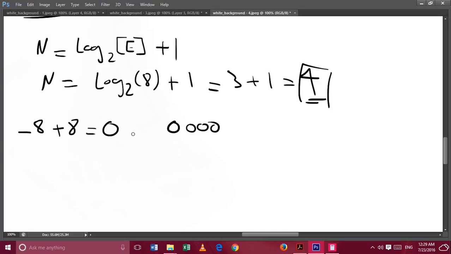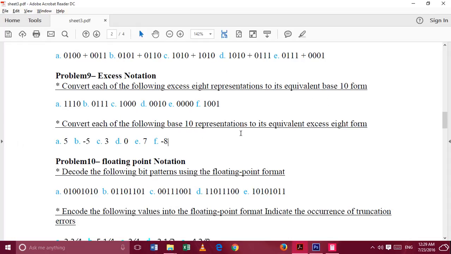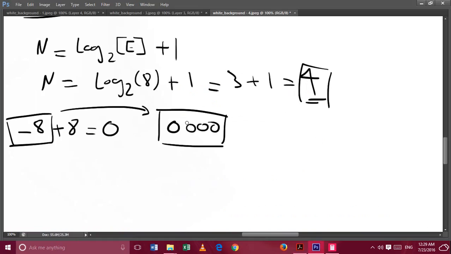Right? So if you convert -8 to excess 8, it will be like this. This is -8 in 4 bits excess 8 notation.